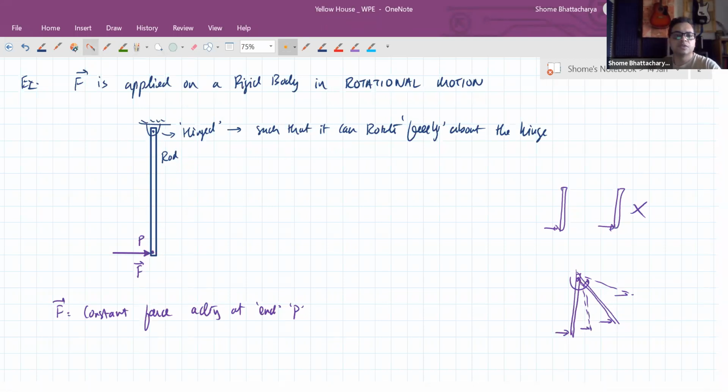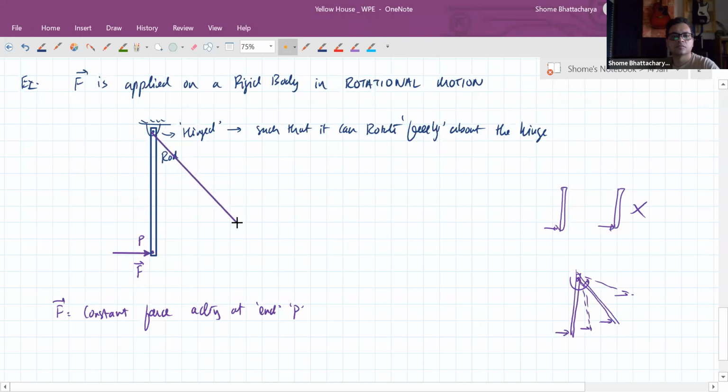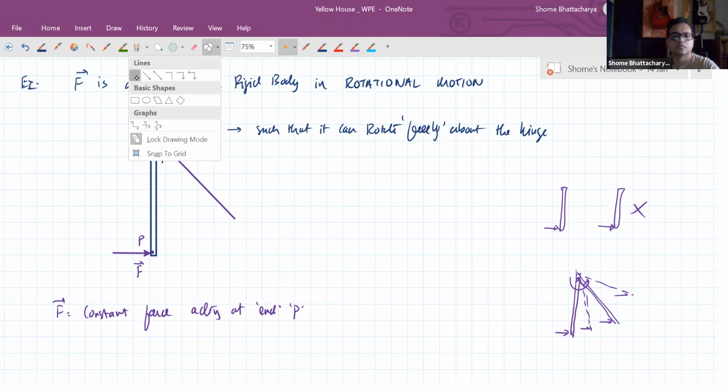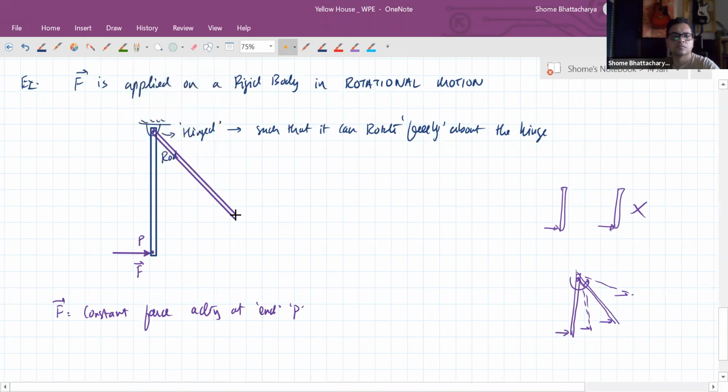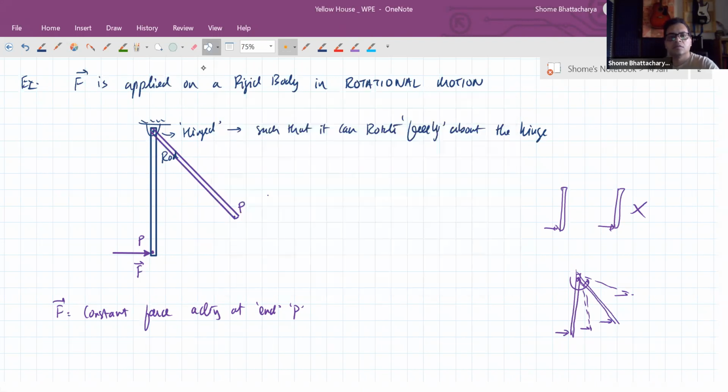So if after some time the rod reaches this situation now, you can see that the displacement of the point of application that we'll have to consider will be this displacement.